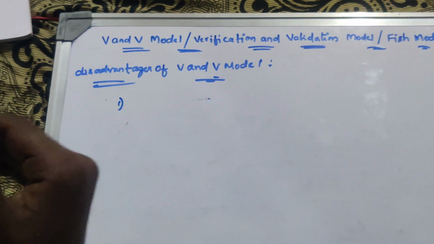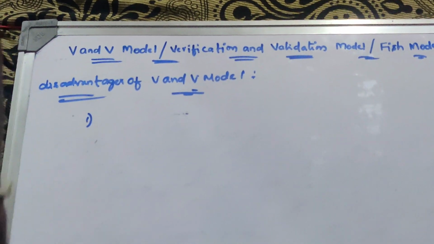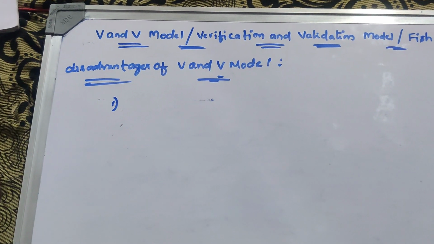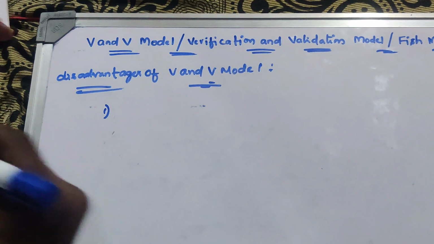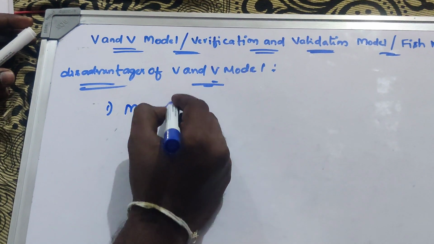If test engineers find a defect, the developers will fix it, and they have to update it, right? So there will be more documentation work.